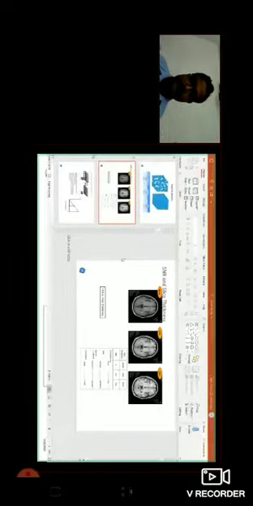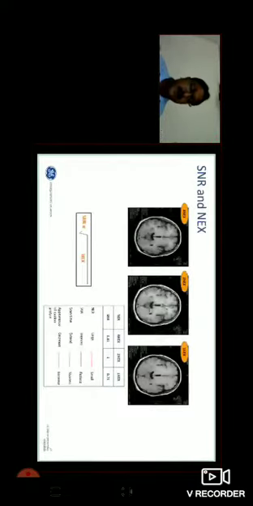Okay, so as you increase your receiver bandwidth, you can see the chemical shift artifact is reducing. Next, SNR and NEX. I think everybody knows that as you increase your NEX, SNR also increases. But what is actually happening? The SNR is proportional to the square root of NEX.